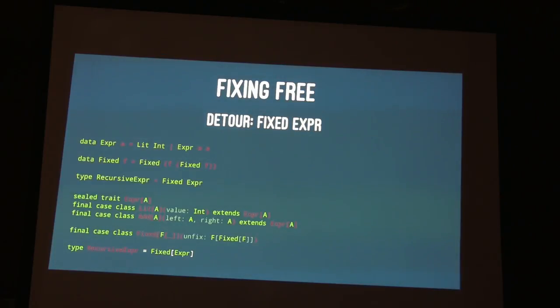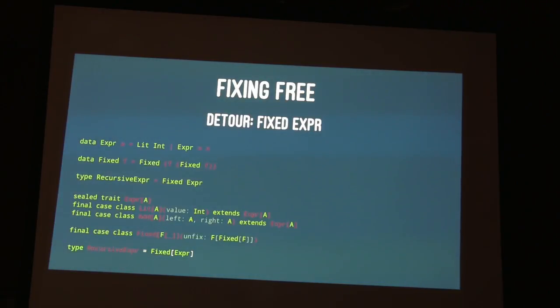And then you end up being able to recapture the recursion by using the Fix constructor on Expr. So now my type, RecursiveExpr, is actually a recursive expression that consists of all these sums, and then they ultimately terminate in Lits, or maybe it was a Lit at the top.